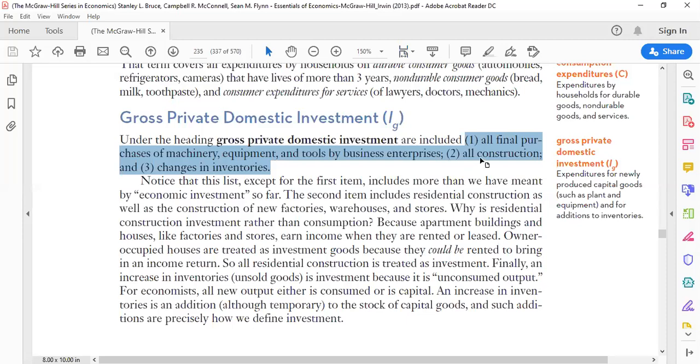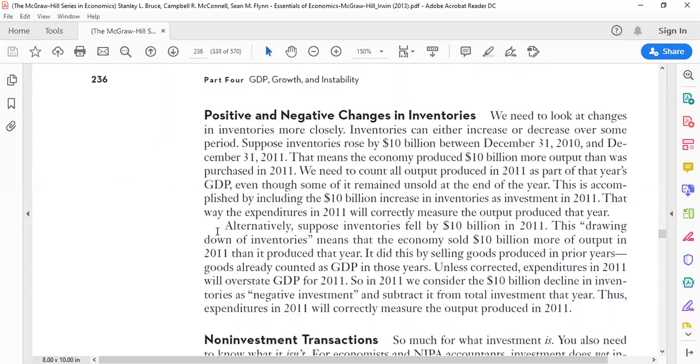All the expenditures made on construction, and changes in inventories. What are the changes in inventories? There are positive and negative changes in inventories. Suppose inventories rose by 10 billion between 31st December 2010 and 31st December 2011.